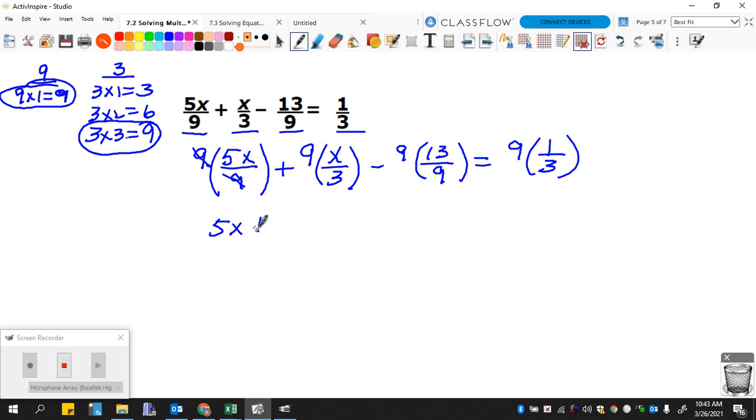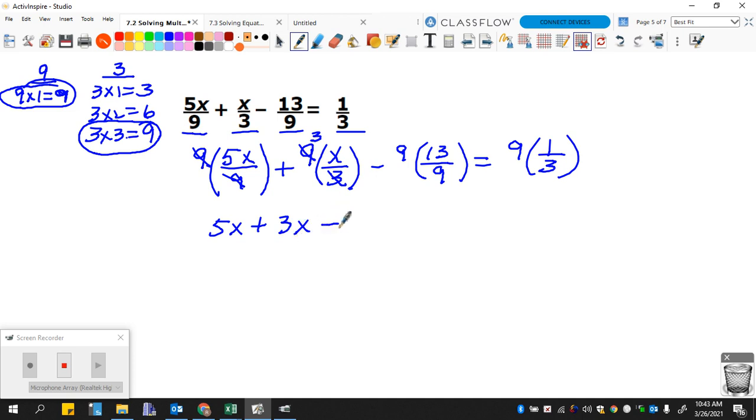Plus, now there's two ways we can look at this. We can either say this is 9 divided by 3, which is the way that I normally would look at it, okay? So 9 divided by 3, well, 3 goes into 9 3 times, okay? So that becomes a 3x, all right?